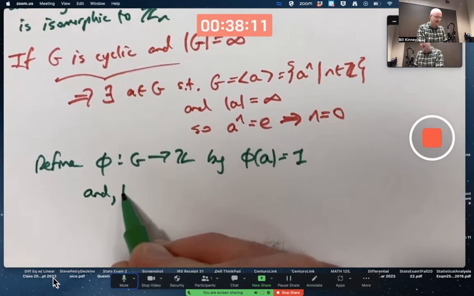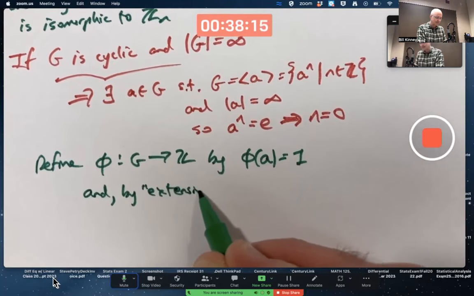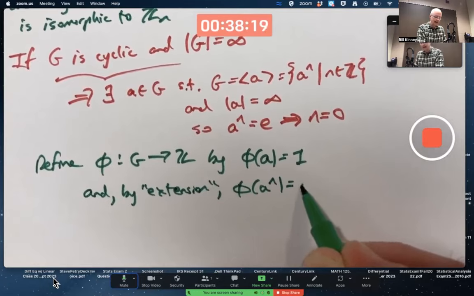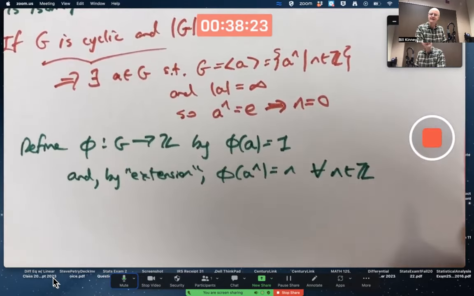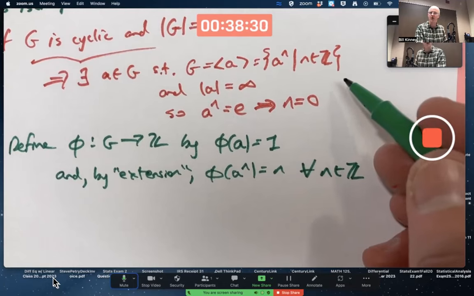And essentially by extension, phi of A to the n equals n for all integers n. That is telling you what everything in G should get mapped to, because everything in G is a power of A.